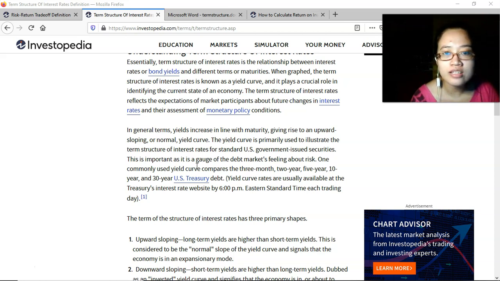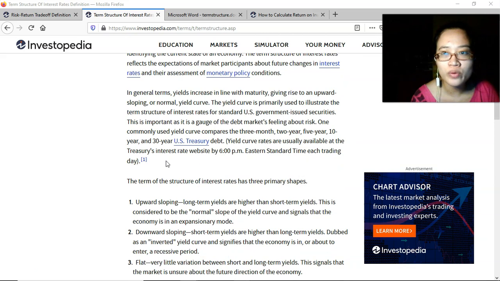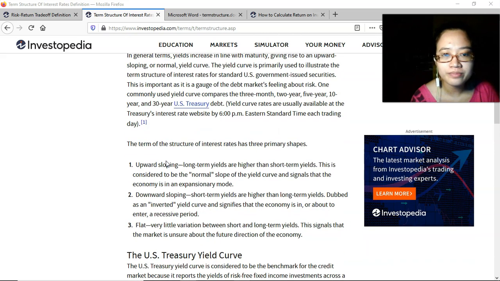This is important as it is a gauge or measure of the debt market's feeling about risk. One commonly used yield curve compares the 3-month, 2-year, 5-year, 10-year and 30-year U.S. Treasury debt. Yield curve rates are usually available at the Treasury's interest rate website by 6 p.m. EST each trading day. Right.